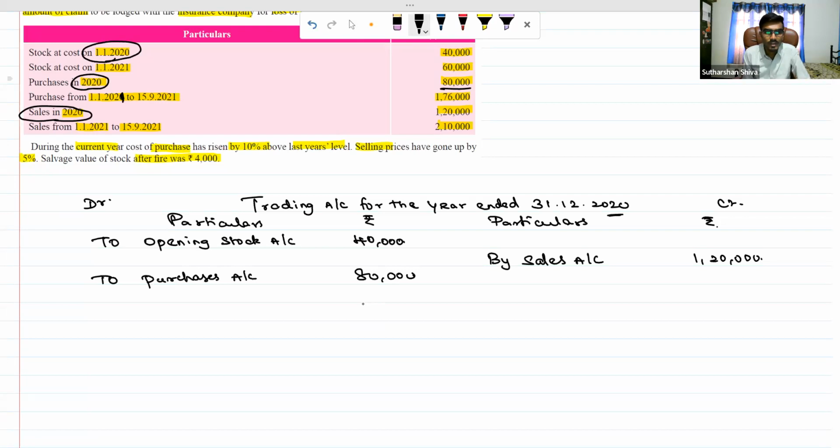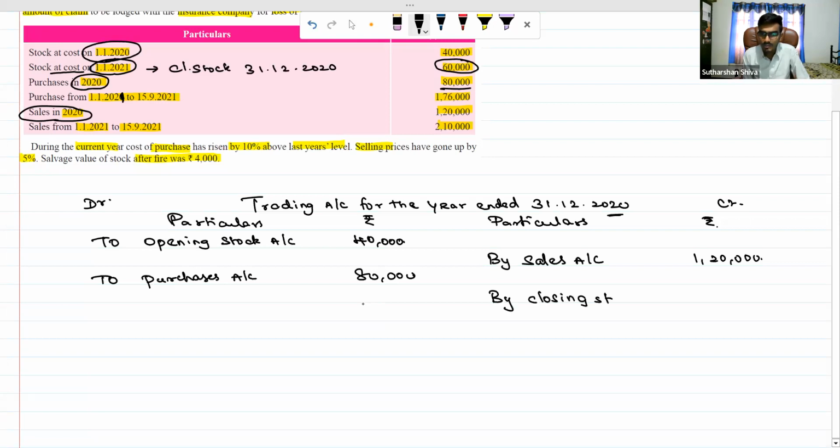They have given stock at cost on 1/1/2021 as 60,000. So shall I say it is the closing stock as on 31/12/2020? So I will write by closing stock 60,000.